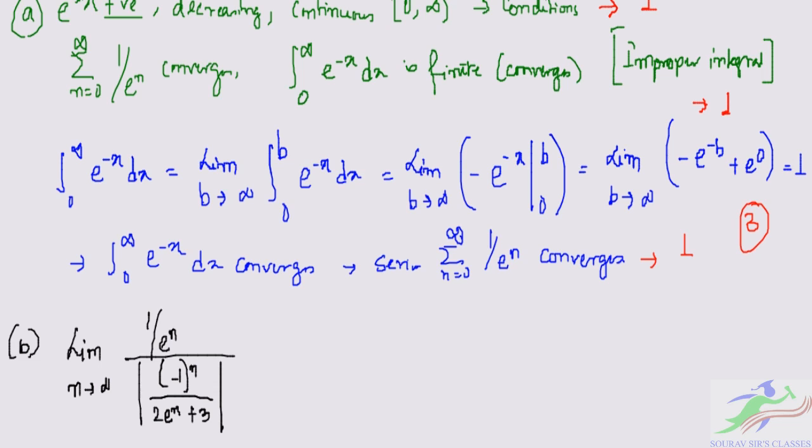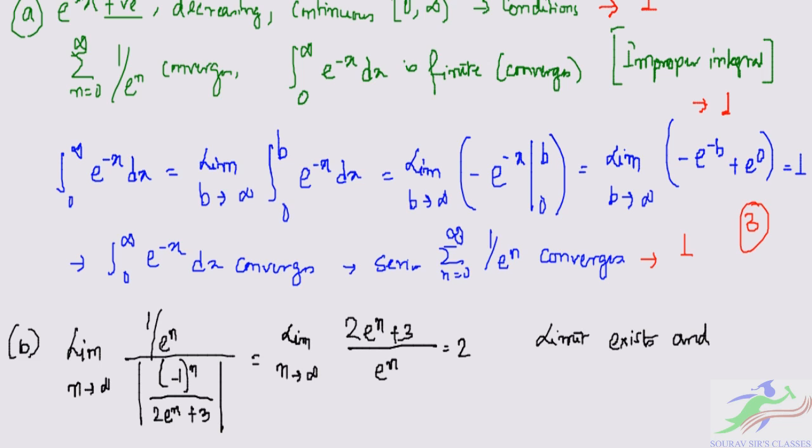That is equal to limit n tends to infinity of 2 e to the power n plus 3 by e to the power n, which is equal to 2. So that is the setup of the limit comparison. The limit here exists and is positive.